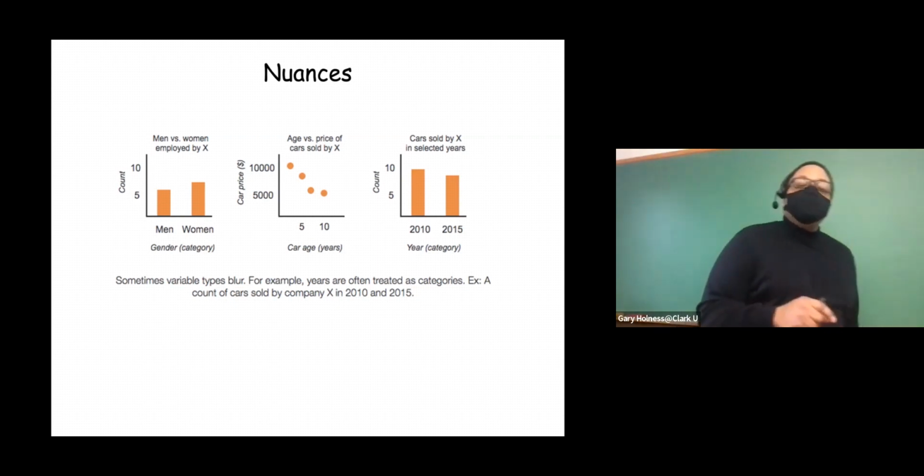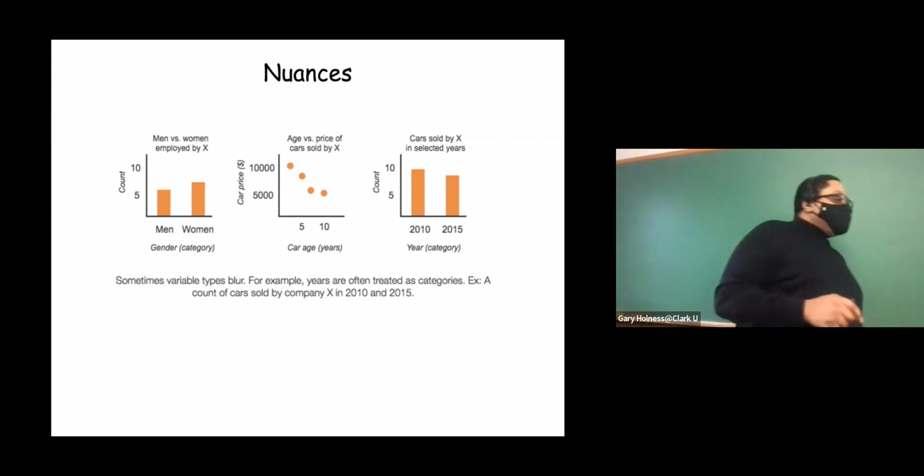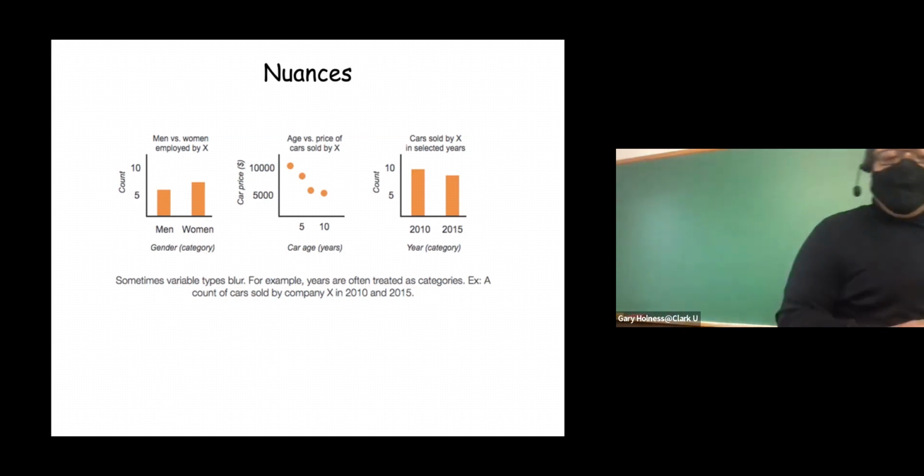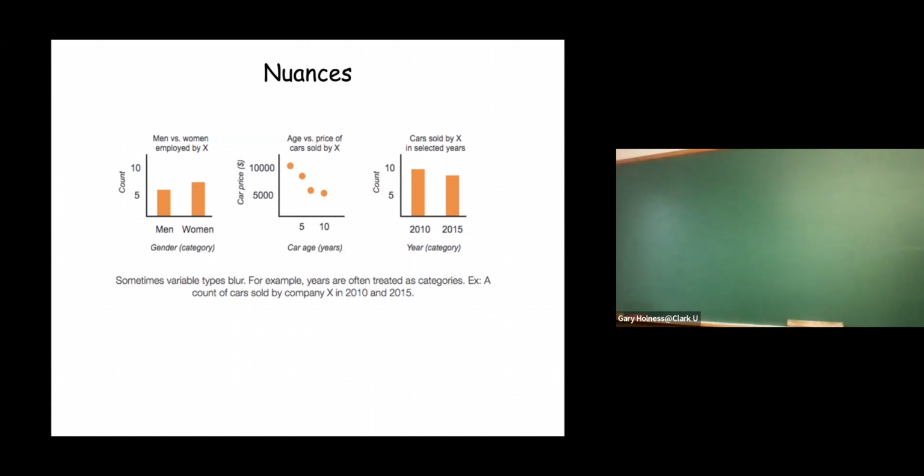And then lastly, on your right, we have another graph. You okay? We have another graph. And on the horizontal axis, we have year. But in this case, this year is the model year of the car, and that's used as a category. So you can actually have something that looks numerical, but it's really categorical. So there are lots and lots of nuanced differences that you can have.